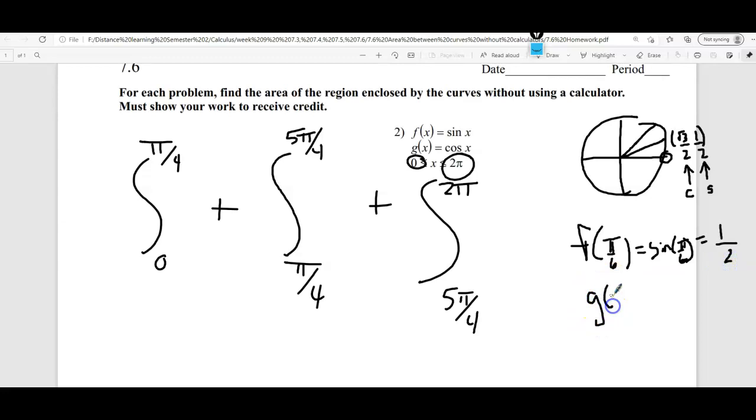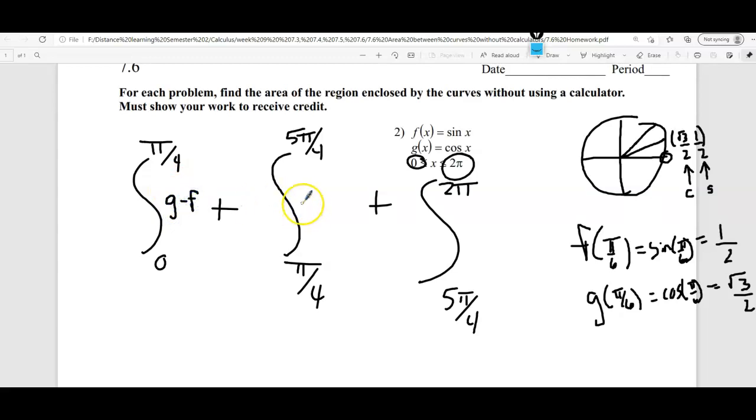And g of pi over 6 is equal to cosine of pi over 6, which we've already said up here is equal to radical 3 over 2. And radical 3 over 2 is bigger than 1/2. If you change this into a decimal, you see it's like 0.86, whereas this was 0.5. So g is bigger. So since g is bigger, g comes first on this interval.